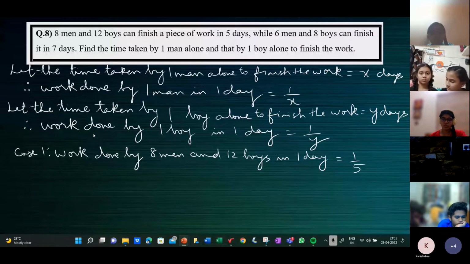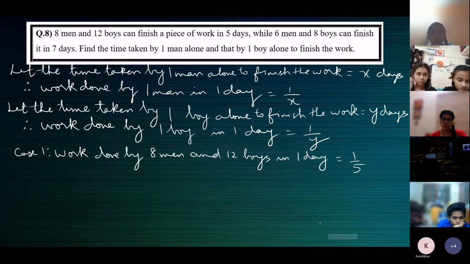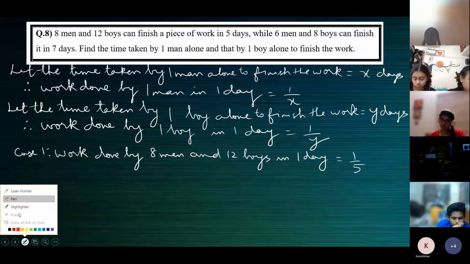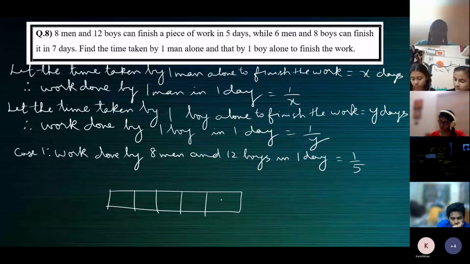Now, supposing you finish a piece of work in 6 days. That means you break that work into 6 equal portions: 1, 2, 3, 4, 5. So you do 1/6 on the first day, 1/6 on the second day, third day, fourth day, fifth day, and sixth day.